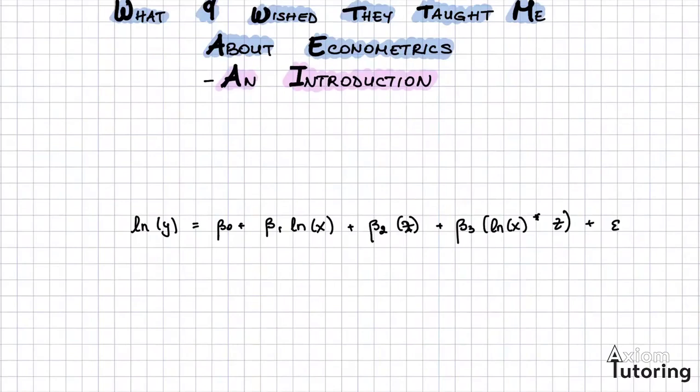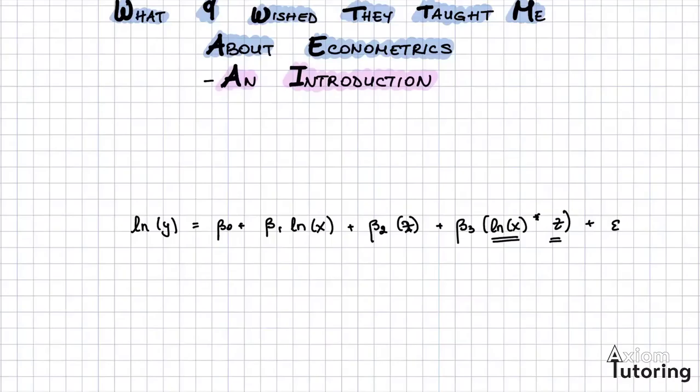Keep in mind here, you can imagine the variables to be either the ones that we've been using in the previous videos or new variables, but for simplicity, keep in mind x is education, z experience, and y is income. Now, notice the interaction is between ln of x and z. So it's not between x and z. And that's the key difference from the log level case.